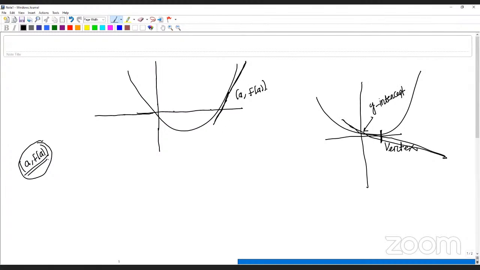So these are two different things. The slope of the parabola at a point gives you the slope of the tangent at that point, but question 1 is different: the slope of the line which passes through the y-intercept and the vertex. Yes, sir. Got it.